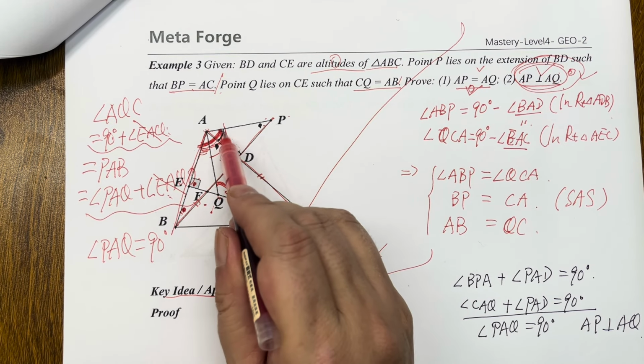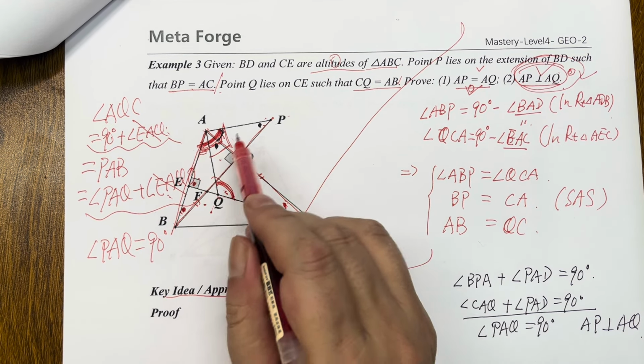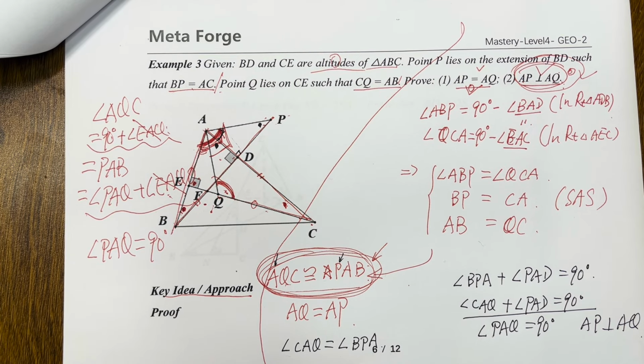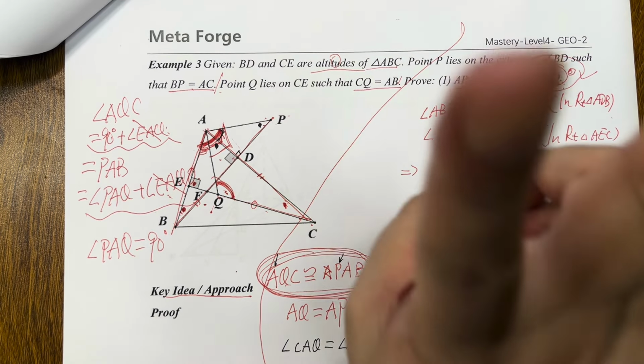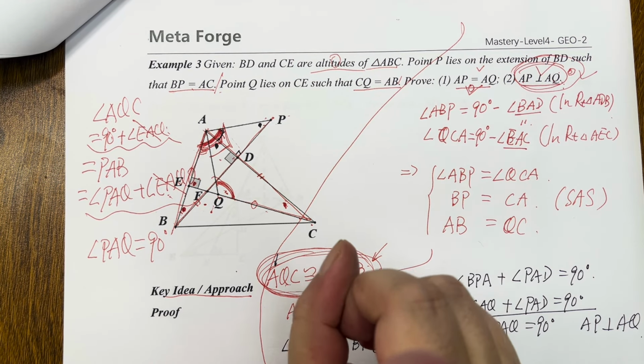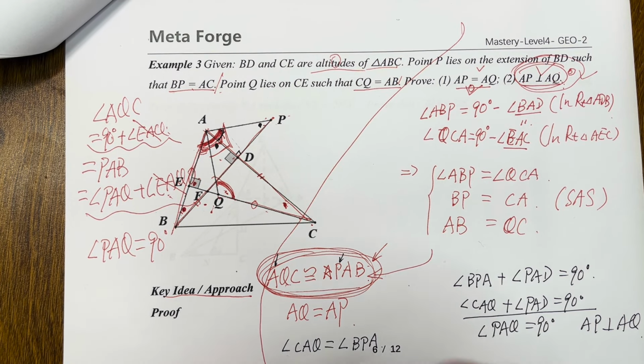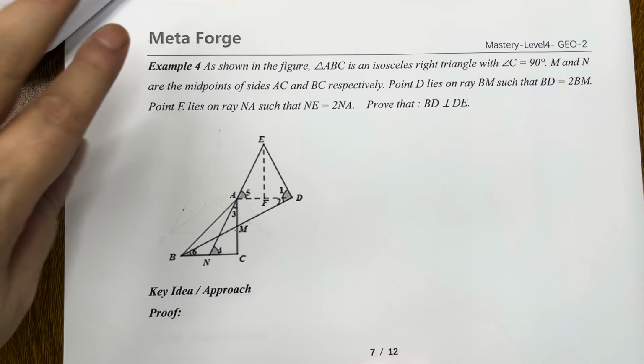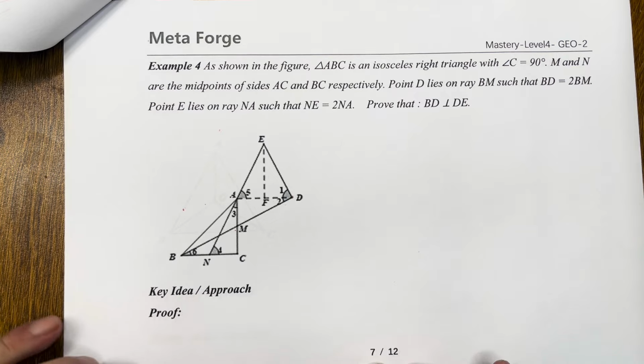From these two angles equal, it works too. For the other example, I will give you two solutions. I give you one, and you find out another way by yourself. Okay. Question number 4. Example number 4.